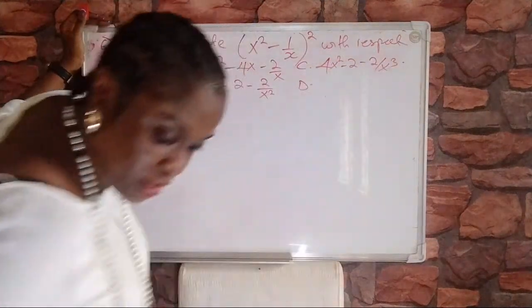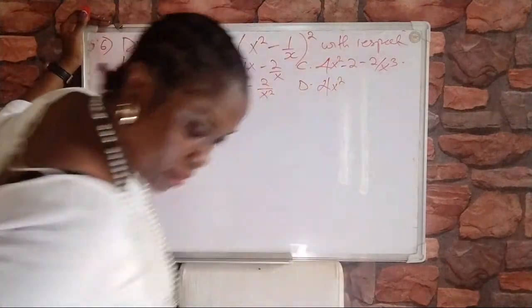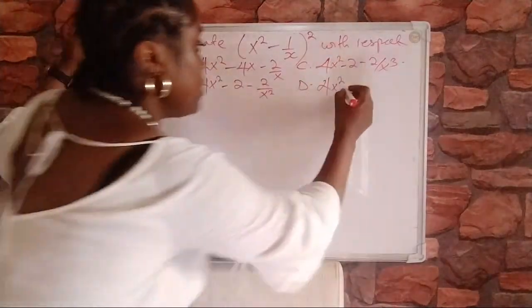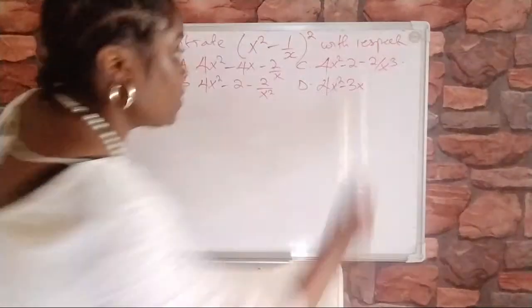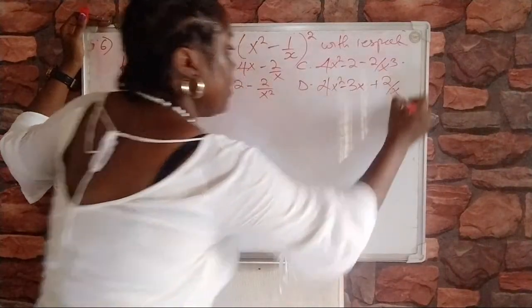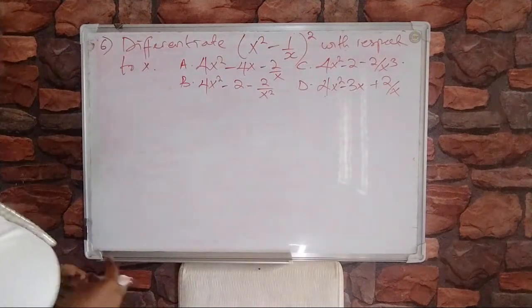And option D gives us 4x squared minus 3x plus 2 over x.